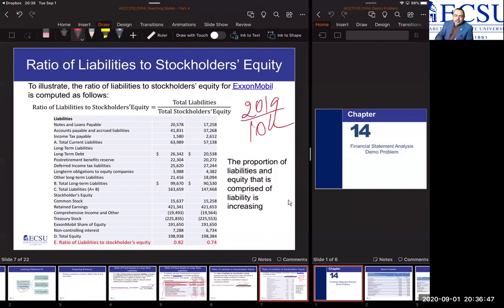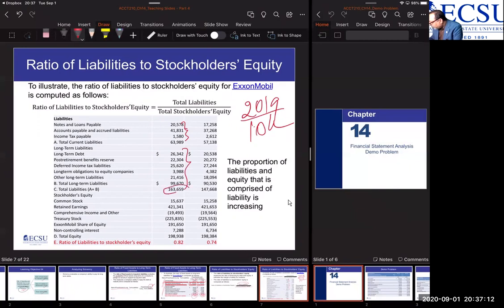So that would be the figures that we'll be using. What we have done is we have taken the liabilities. You have all the liabilities given to you here. These are your total current liabilities, and you have the long-term liabilities.